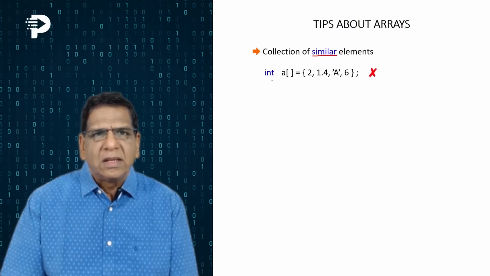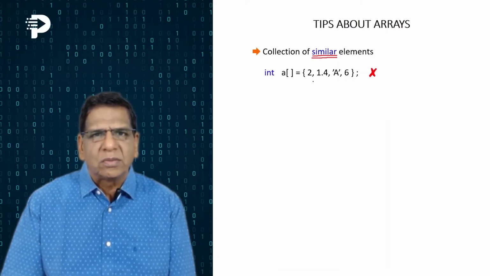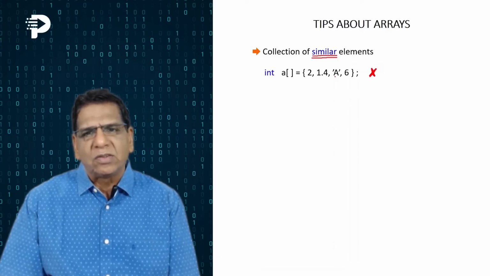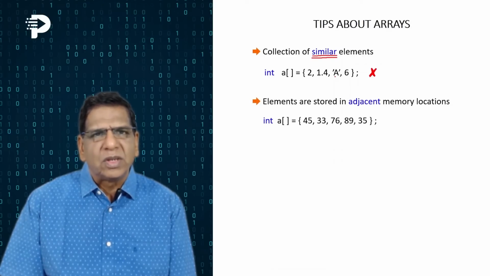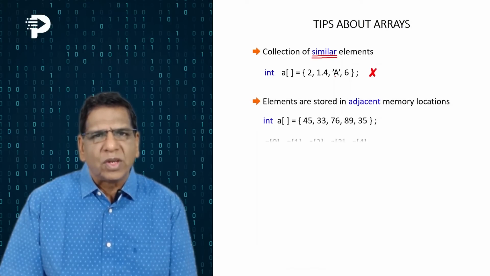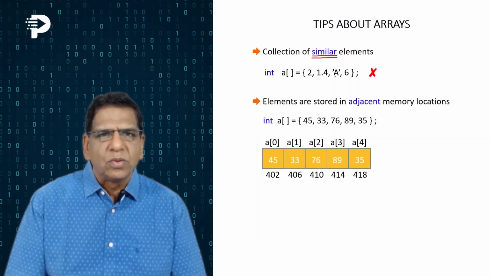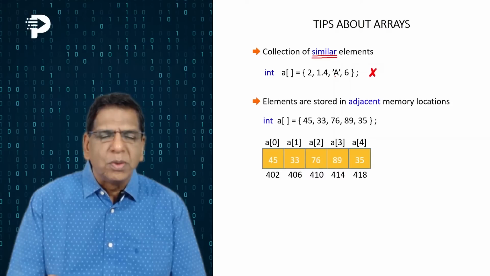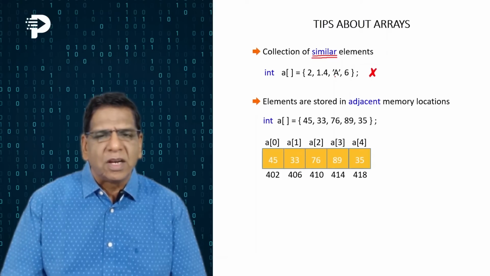Secondly, array elements are always stored in adjacent or contiguous memory locations. Means if I create an array of integers holding such values, then they would always be stored in adjacent locations. As you can notice in the figure, a[0] is present at 402. So a[1] is bound to be present at 406. a[1] cannot be anywhere else. This 45, the very first element, is really speaking occupying 4 bytes.